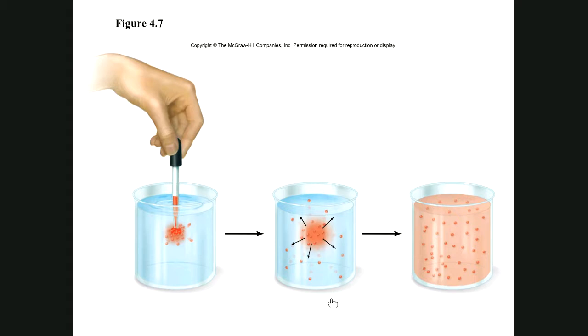As a result, they're moving down a concentration gradient from a high concentration that was in the dropper to a low concentration. There was no blood originally in this container. So from a high concentration to a low concentration, that's down its concentration gradient.